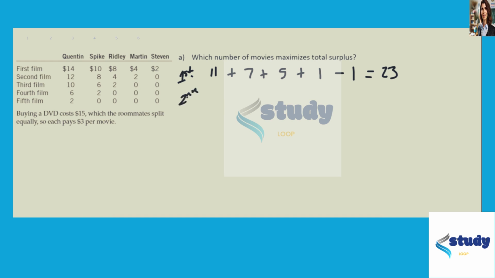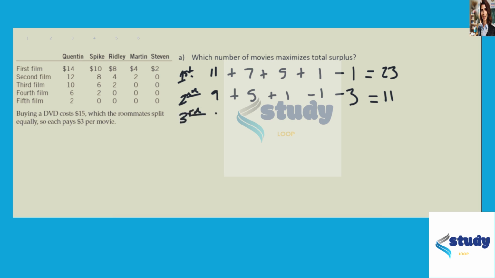So continuing down, the surplus for the second is going to be 9 for Quentin, 5 for Spike, 1 for Ridley, -1 for Martin, and -3 for Steven, and that is still a total surplus for the second of 11.